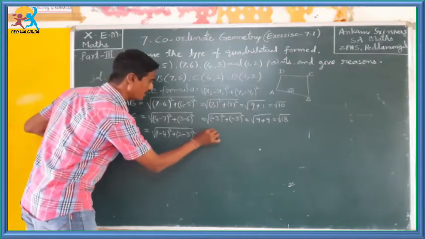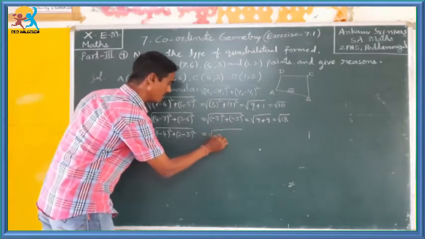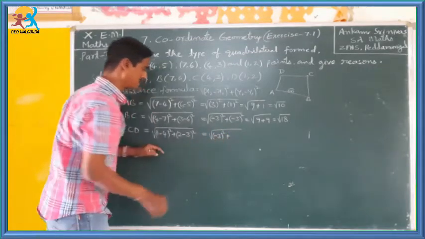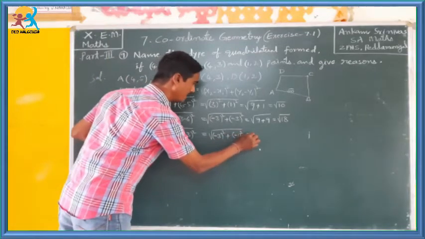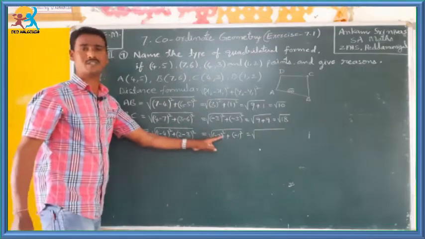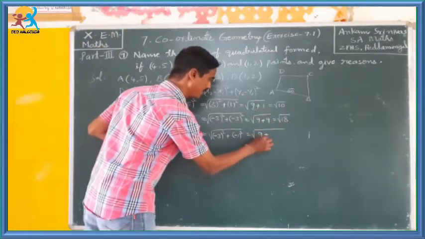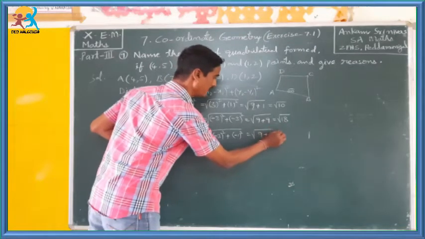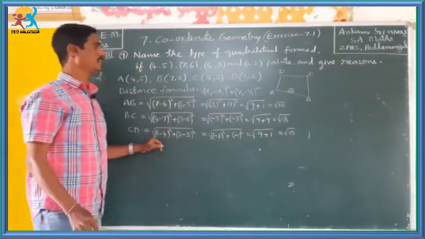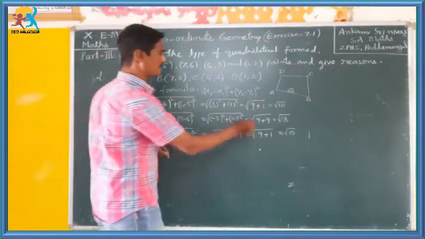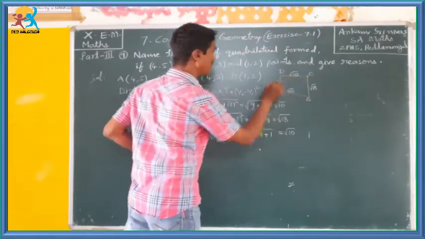Now children, 1 minus 4 is minus 3 whole square plus 2 minus 3 is minus 1 whole square. Minus 3 into minus 3 is plus 9, and minus 1 whole square is 1. Then 9 plus 1 is 10. So CD is the square root of 10, and BC is the square root of 18.